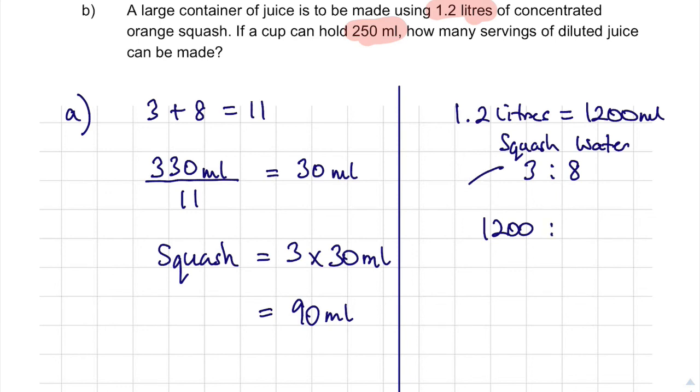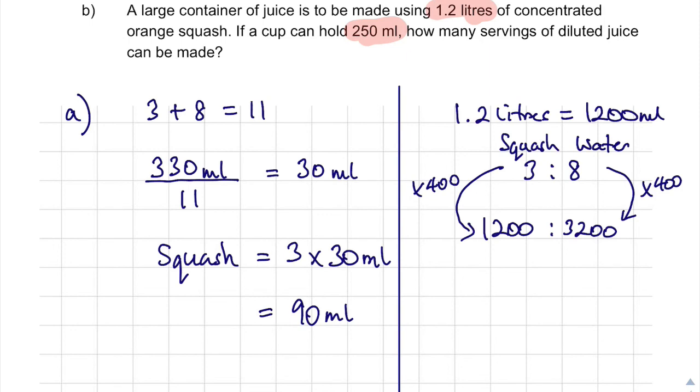Well, to get from 3 to 1200, we are multiplying by 400. So whatever I do to one side, I really should do to the other. So let's multiply that by 400. And 8 multiplied by 400 is 3,200. So I've got 1200 milliliters of squash. I have 3,200 milliliters of water.